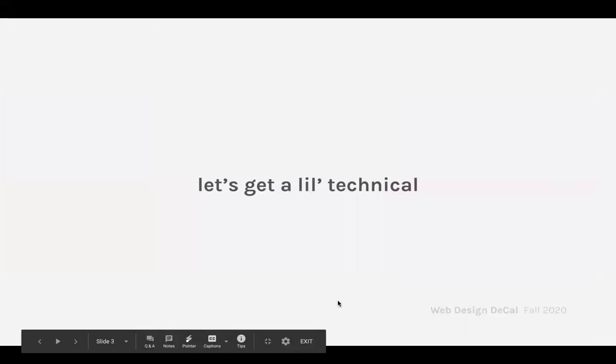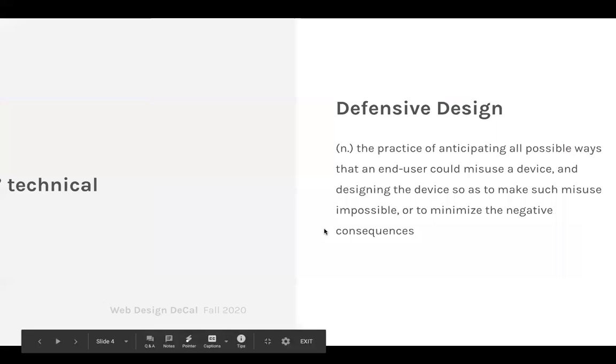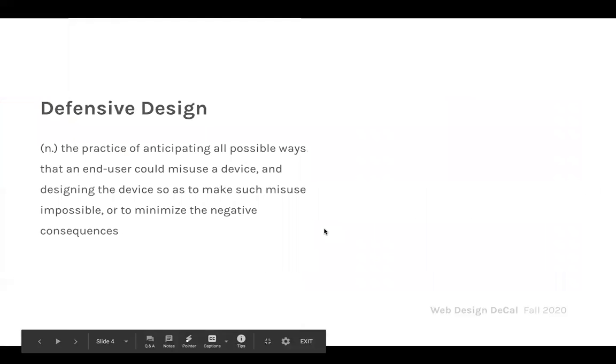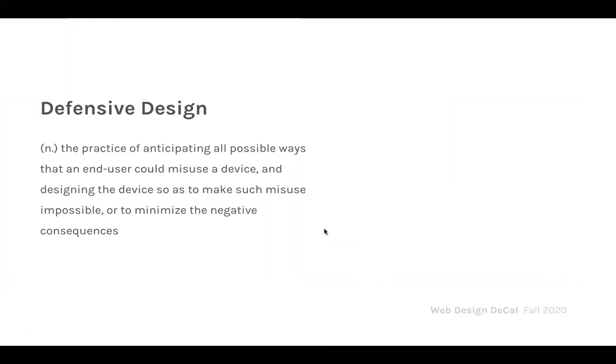So let's get a little bit technical and get into some definitions related to dark design. Defensive design is the practice of anticipating all possible ways that an end user could misuse a device and designing the device so as to make such misuse impossible or to minimize the negative consequences.